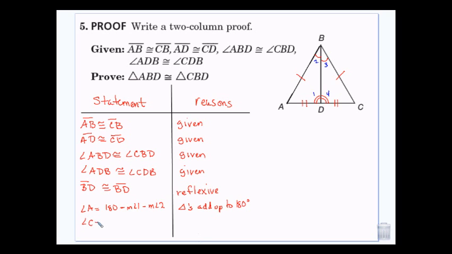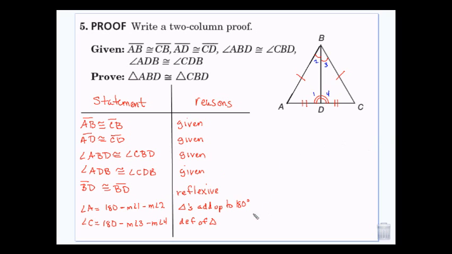And angle C is going to be 180 degrees. So would that be a definition of a triangle? Yeah, you could say definition of triangle probably. Sure, why not? Now, what do I know about 1 and 4? 1 and 4 are equal, right? And 2 and 3 are equal.